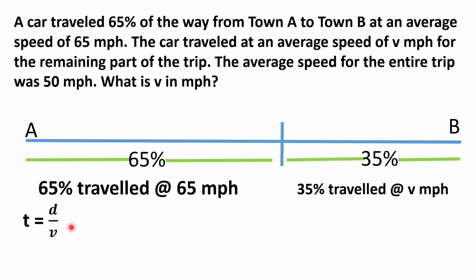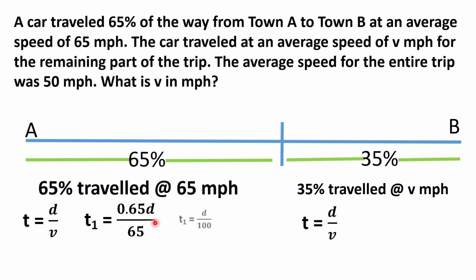According to this formula, we will calculate time for this portion of the question and then for the other portion. We will call this time 1. The distance is 65%, so we can write the distance as 0.65 d, because 65% equals this value. And velocity or speed equals 65 miles per hour. This is given. So we put these values in and divide 0.65 d by 65.